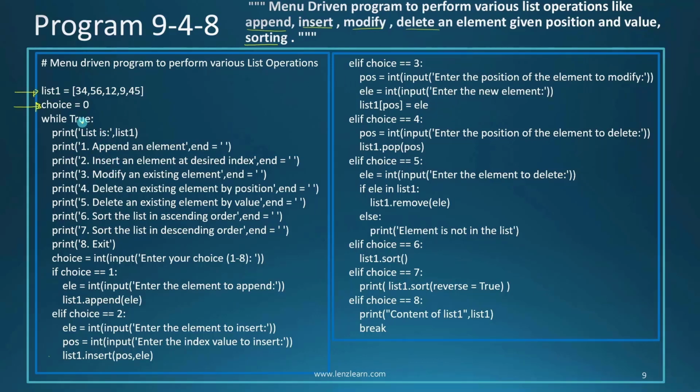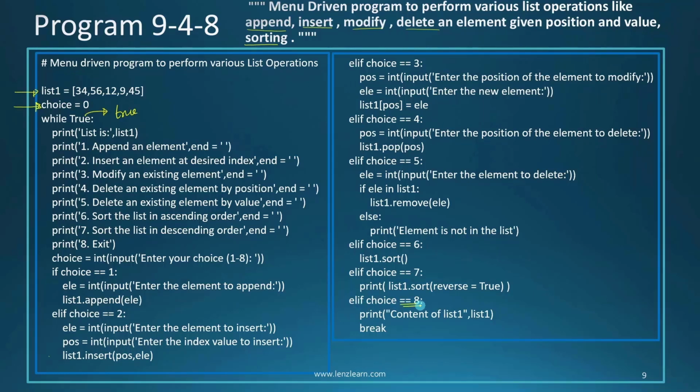Now I have already told you, when you give the condition itself as true, you should understand always this while loop will evaluate to true, which means that this while loop will never finish. So if you are writing a while loop with condition check as true, inside the program somewhere you should have a provision to break out of the while loop. So here you can see the last if statement.